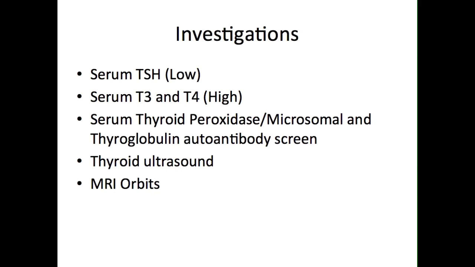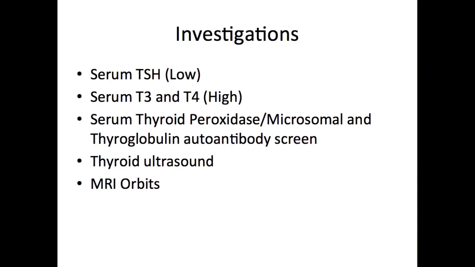An autoantibody screen for serum microsomal and thyroglobulin antibodies should be carried out, since these are present in most cases of Graves' disease. Thyroid ultrasound will be able to distinguish a goiter due to Graves compared to that due to a toxic adenoma, and therefore this should be part of the investigations that need to be carried out.